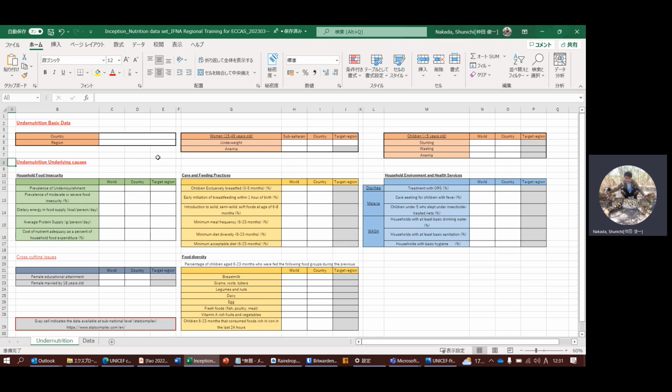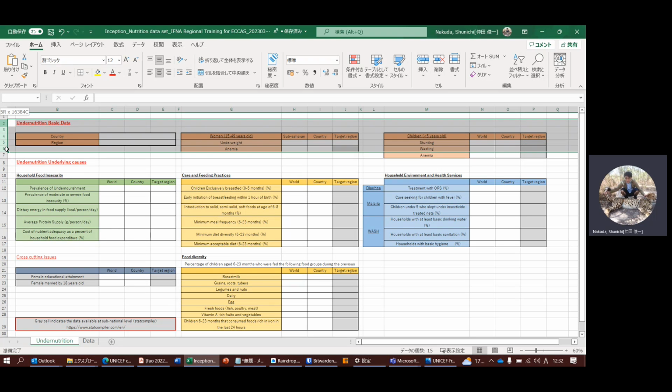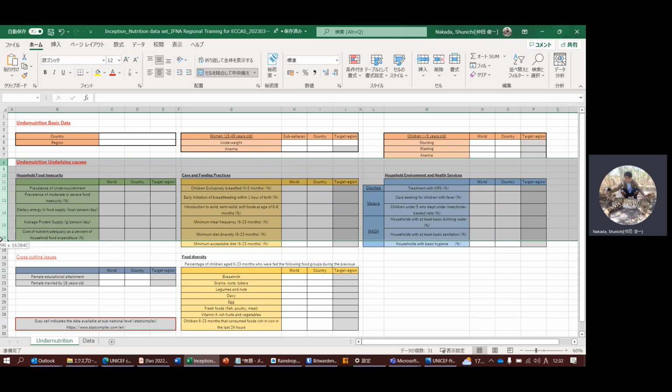And the structure of the data set follows the internationally agreed framework of undernutrition developed by UNICEF. As you can see, the data table structure is divided into several layers, actually 3 layers.